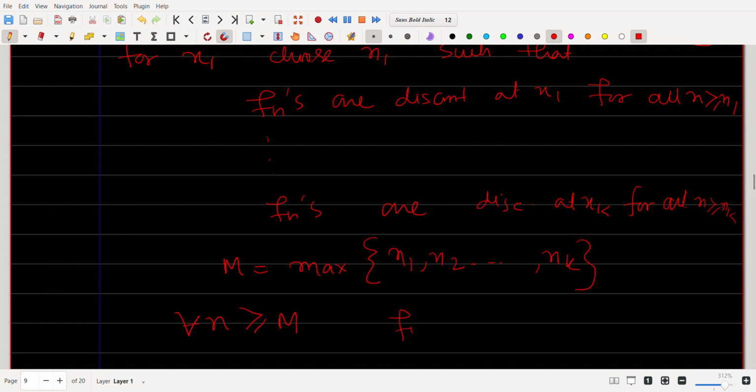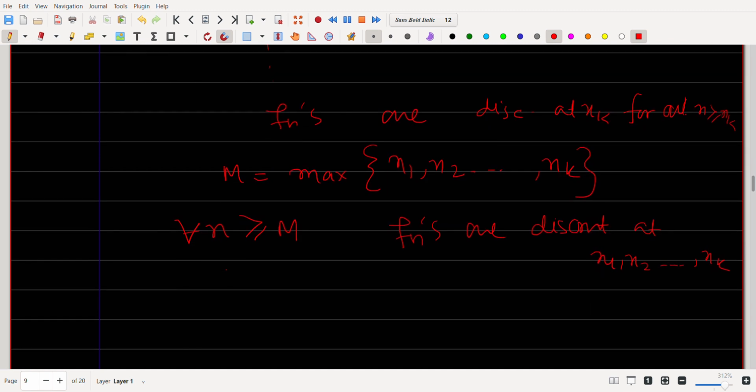Then for all n greater than or equal to m, fn's are discontinuous at x1, x2 up to xk. Right? For all n greater than or equal to m, fn's are discontinuous at x1 up to xk.